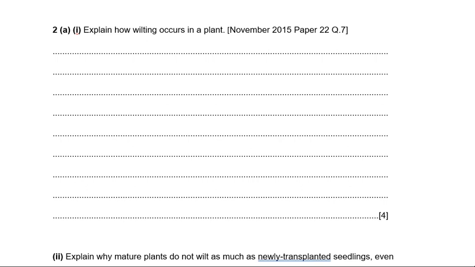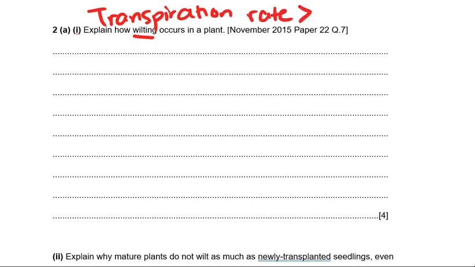I didn't really go through this in detail in our lesson videos, but the idea of wilting is when the transpiration rate is greater than absorption of water. This means that the plant root hair cells are not absorbing enough water to replace the water that is lost by transpiration.